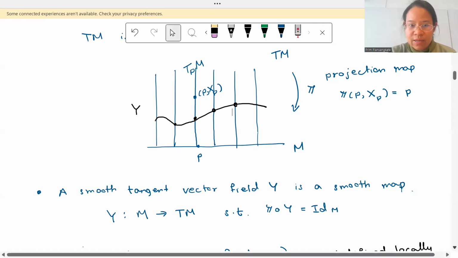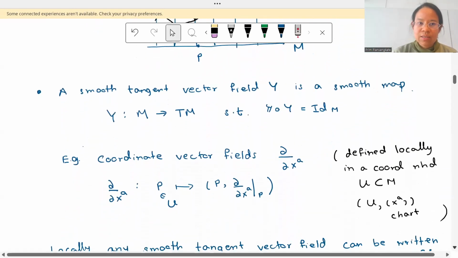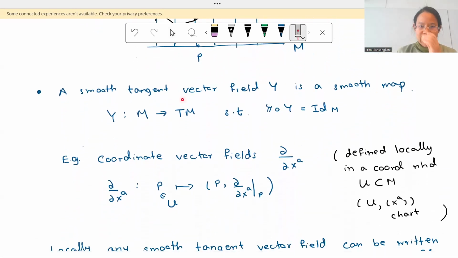Right. So this is a vector field. An example of a vector field that is also useful is the coordinate vector fields. It's just the vector field that at each point is assigned the coordinate vector at that point.